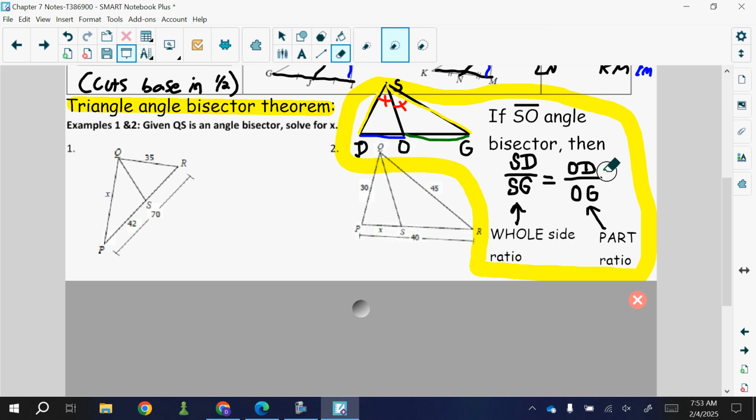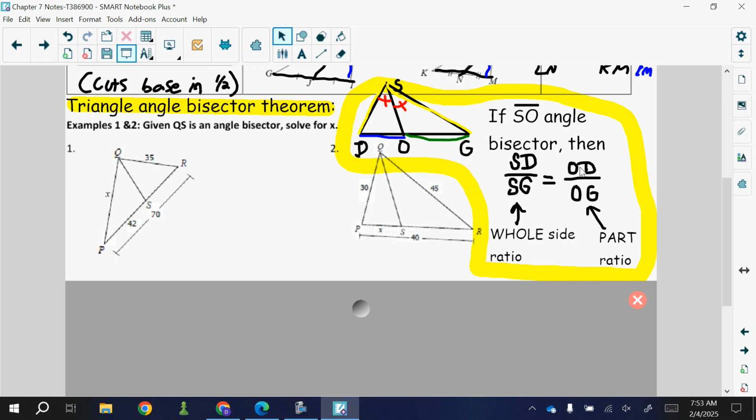Basically, this is saying that if you have a triangle with an angle bisector, then this whole side over this whole side equals this part over this part. So whole over whole equals part over part. As long as you keep the wholes in one fraction and the parts in one fraction, you're okay.